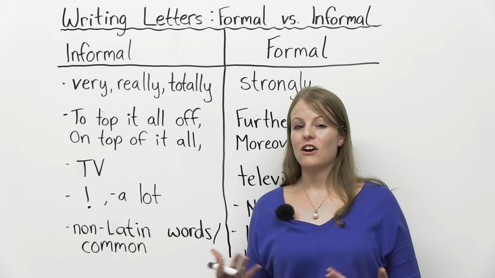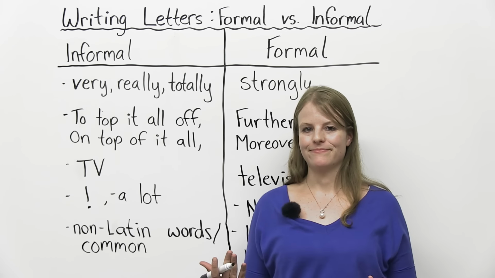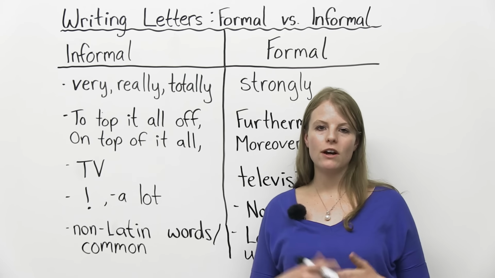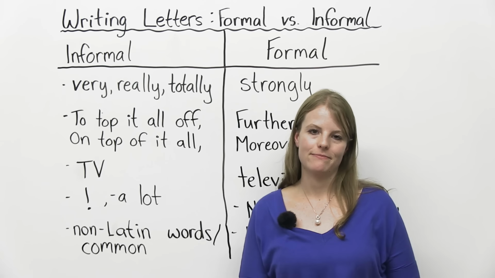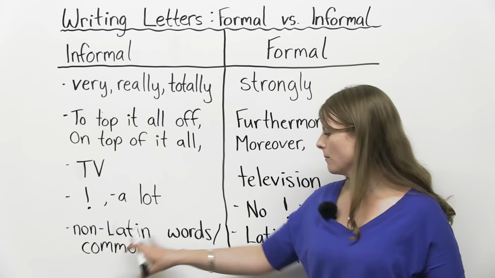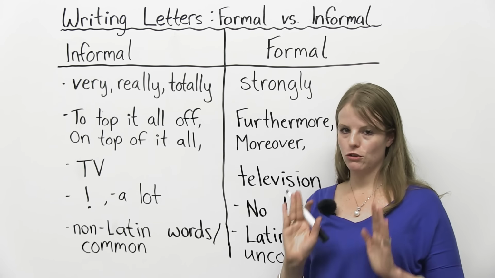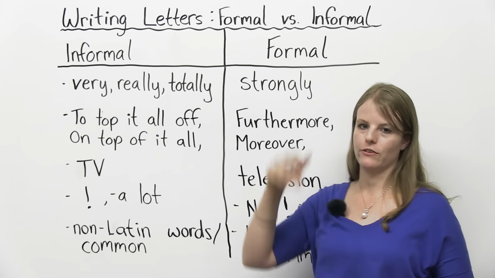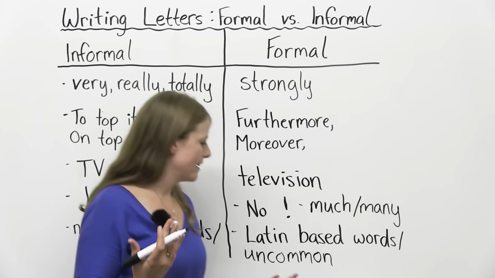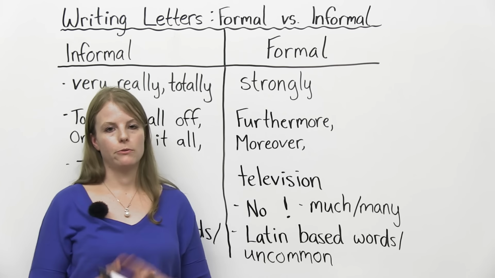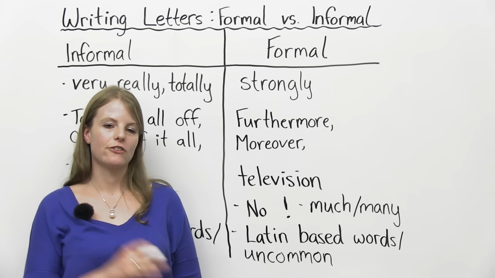Now, these words are usually more formal. So in informal writing you don't want to use Latin words. You want to use common words. But in formal writing, use Latin-based words. Use uncommon words. That's a characteristic.